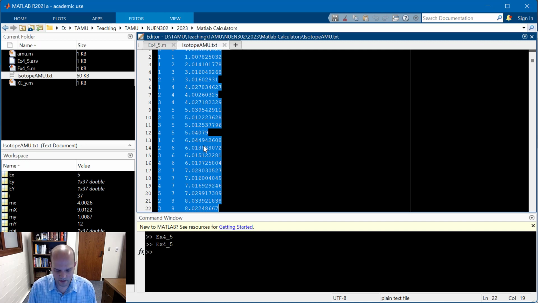Because every piece of code that you have from here on out is going to need the AMU. So if you can right now build that function so that the inputs are Z and A and the output is AMU, then that's going to help you with Q value, kinetic energy, and everything that we're going to do from here on out.